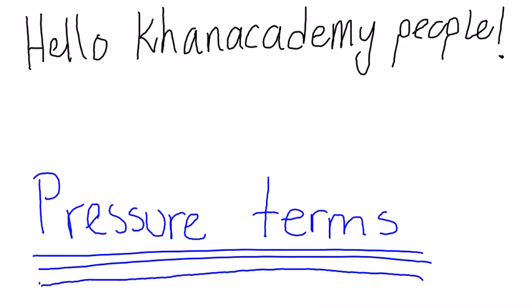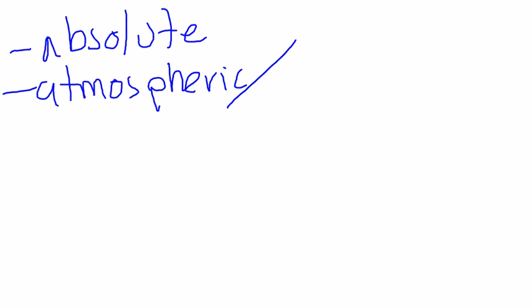In this short tutorial I would like to talk about pressure terms, because when we read physics and chemistry books, we mostly encounter terms such as absolute pressure. We also find terms such as atmospheric pressure, which is also called barometric pressure.